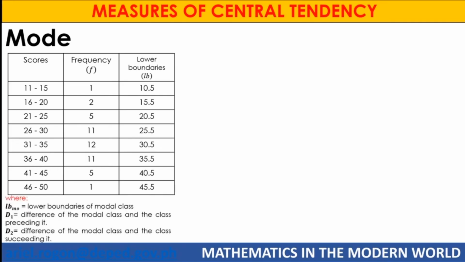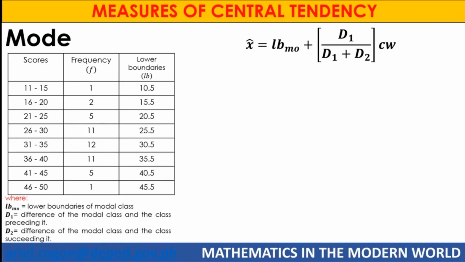So LB sub MO. I have already given the definition: LB sub MO is the lower boundary of the modal class; D1 is the difference of the modal class and the class preceding it, meaning before it; and D2 is the difference of the modal class and the class succeeding it, meaning after it.